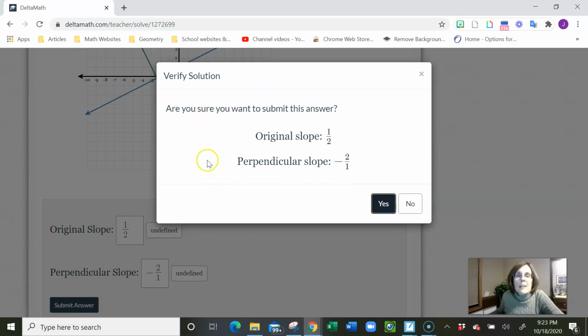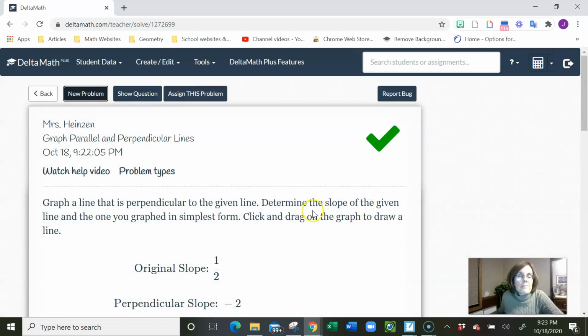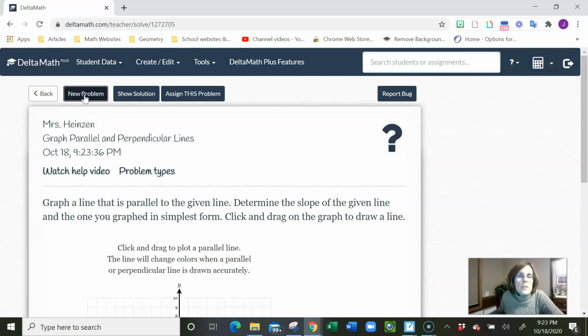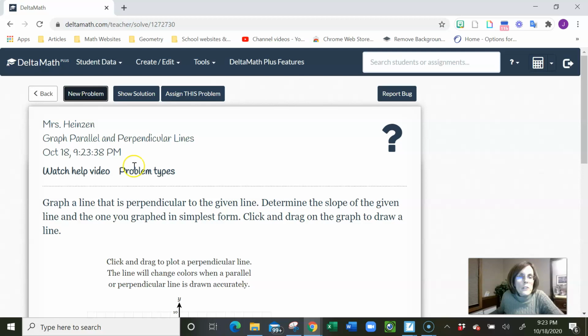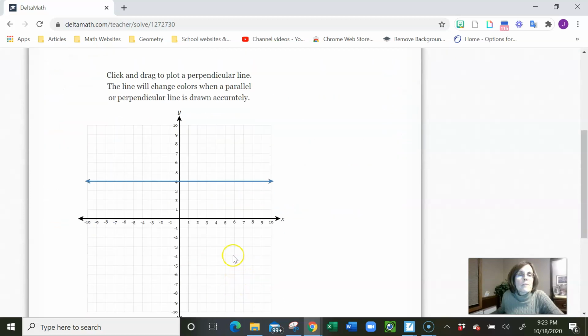Notice that perpendicular lines have opposite reciprocal slopes. So there you go. Now let me show you one other way to do this type of problem if you are looking for perpendicular.